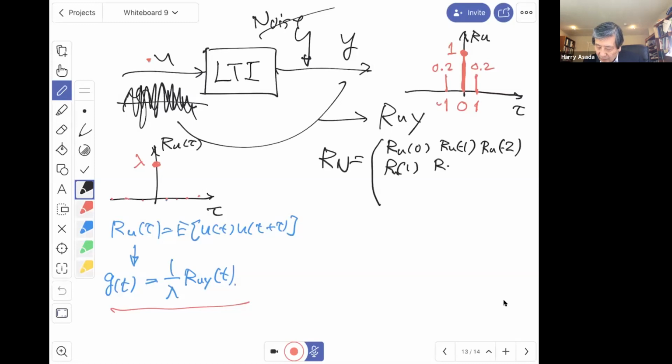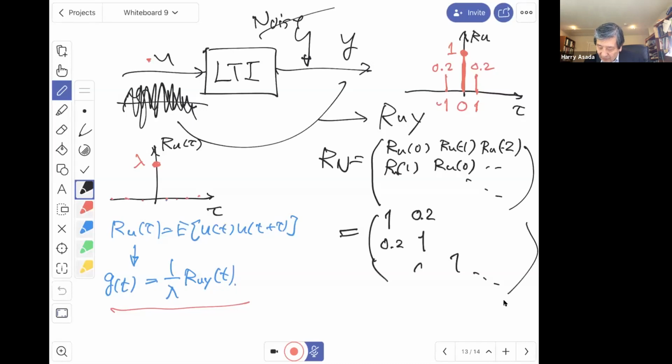Then you have 1, R_u0, right? Putting this one here, it's going to be 1, 1, 1. Maybe we can truncate this at some particular point. And here, it's not 0 but 0.2, 0.2, 0.2. All the others are all 0. So you have to solve this equation, right?